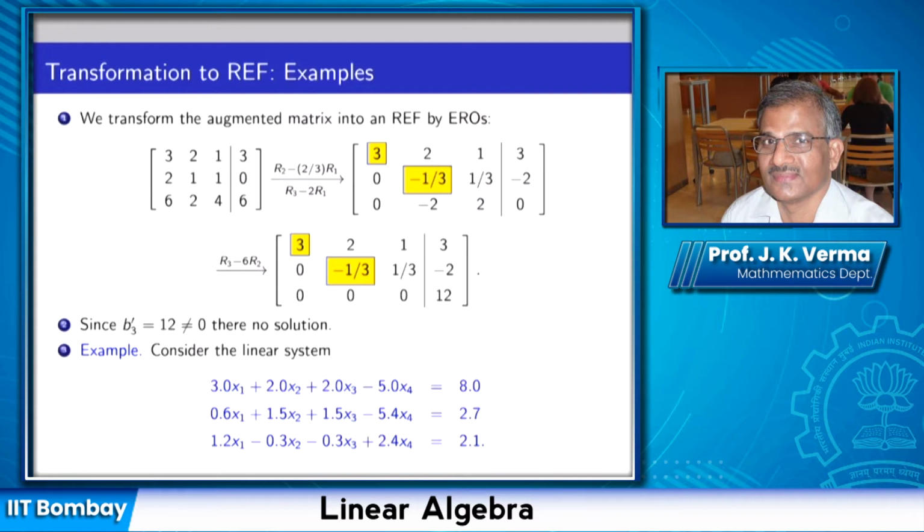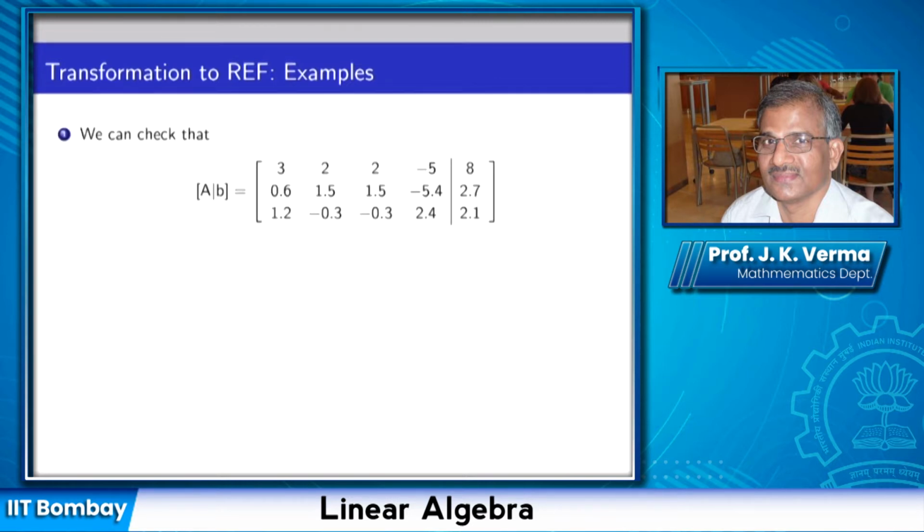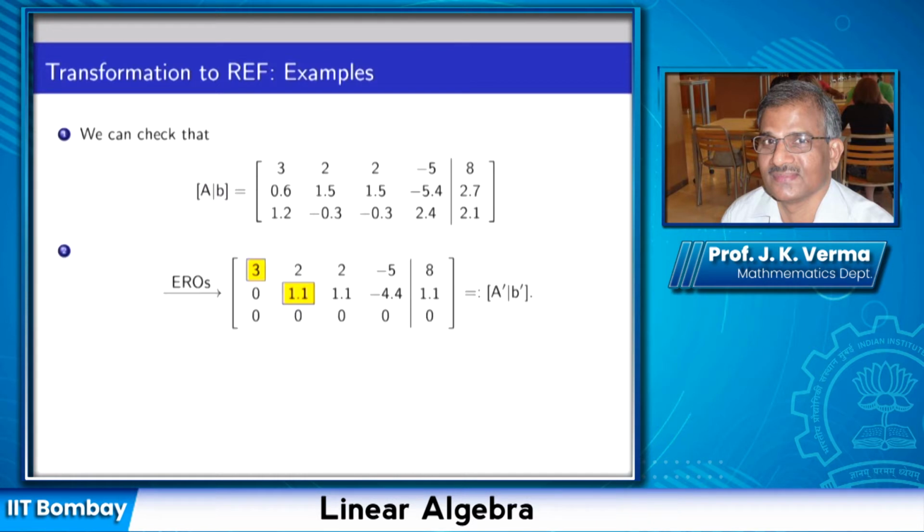Now let's look at a linear system where we have 3 equations in 4 unknowns. It's a non-homogeneous system, and therefore we make an augmented matrix, and we can apply the row operations and convert this augmented matrix into this matrix, where now we find there are 2 pivots. So there are 2 pivotal variables, x1 and x2, and x3 and x4 are free variables.